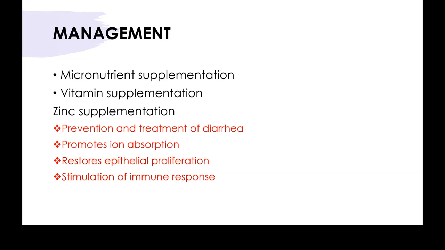Again, there is lots of evidence, lots of research articles coming up regarding the importance of zinc in chronic diarrhea. It prevents further diarrheal illness, it treats the diarrheal illness, it improves iron absorption, it restores epithelial proliferation, and also it plays a significant role in stimulation of the immune system. So zinc is very important, not only in acute diarrhea but also in chronic diarrhea.